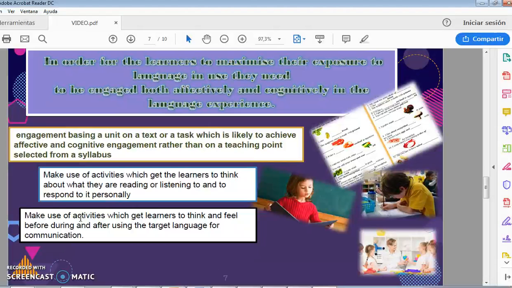This will help them to acquire knowledge.